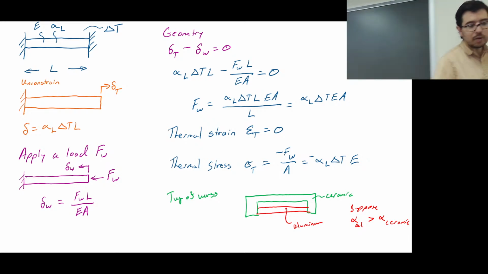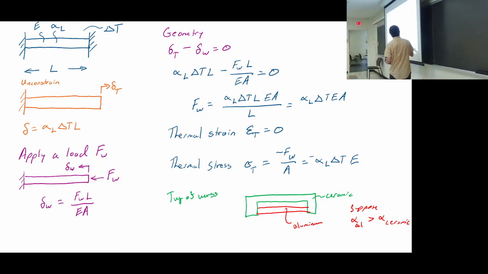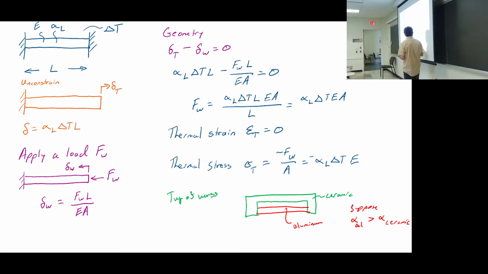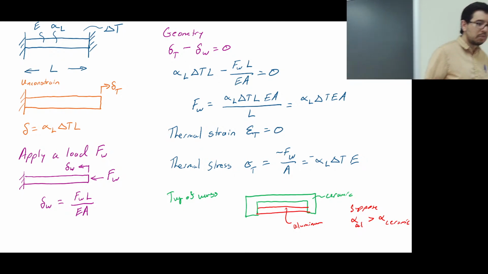Now the net result is that if this whole thing was put in a furnace, and I measure the distance from the left end to the right end of this whole system, the net result is still that it expands, because they're both expanding, but there's going to be a tug of war, or push or pull of war, with them.